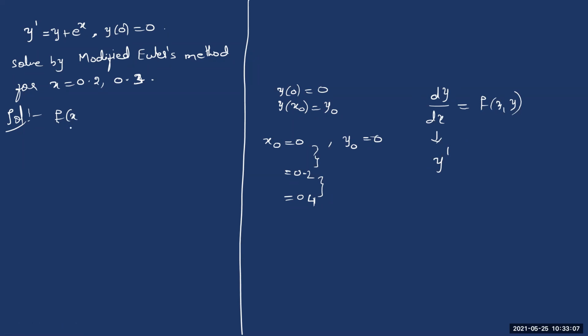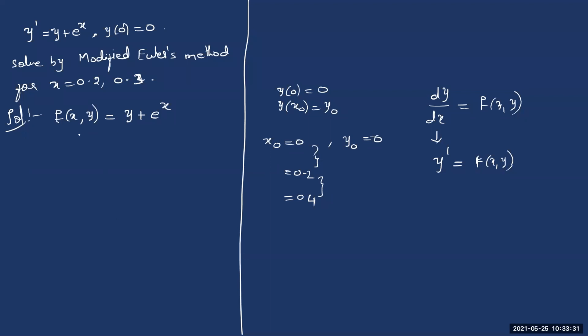So don't get confused. Now the question you are given is like this: y dash is equal to some function on the right side, f of x comma y. Looking at the function on the right hand side, we can write f of x, y is y plus e to the power of x. That is the function you are given.